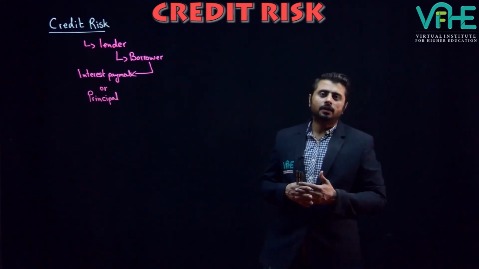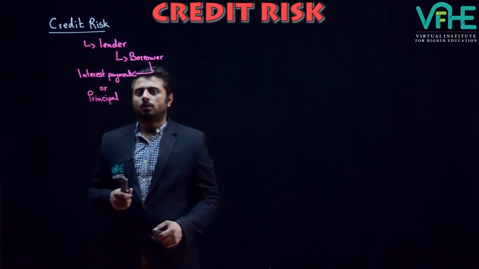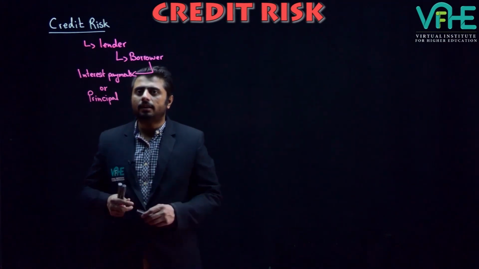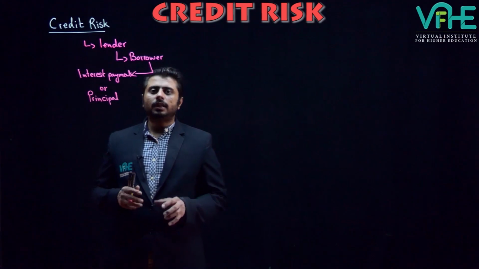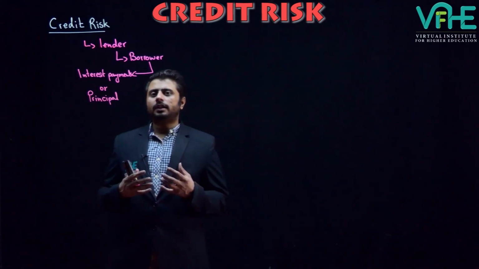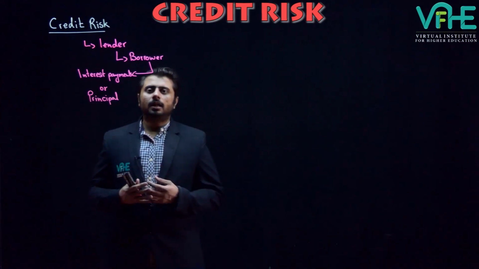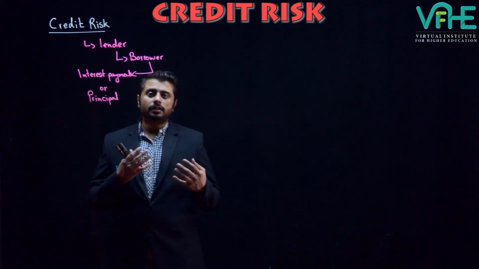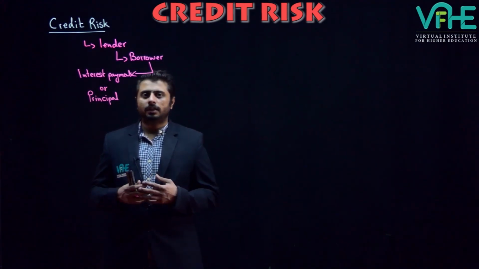In real life, there are various different credit rating companies which assess the credit rating of different companies. These companies provide a ratings table, and that rating table reflects the amount of credit risk involved in a company.